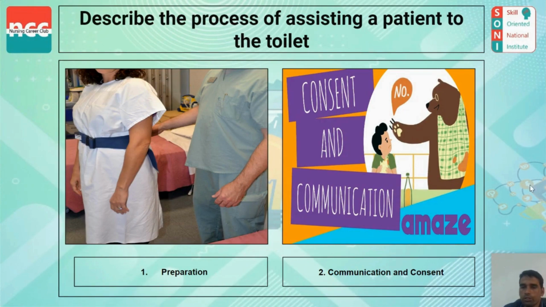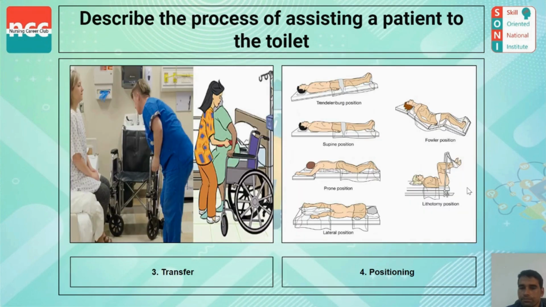Our communication should be very effective with each other and between the HHA and doctors, so that a patient can recover very soon. This is all about communication and consent.